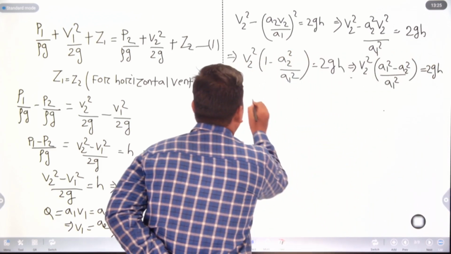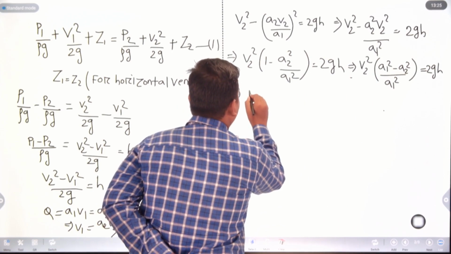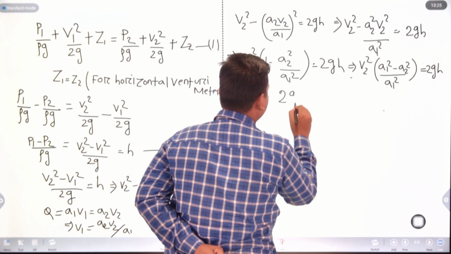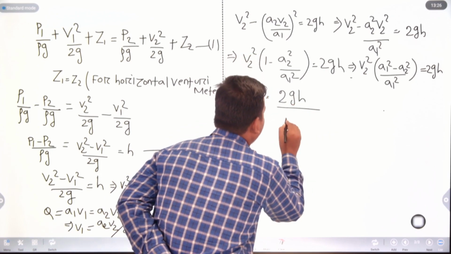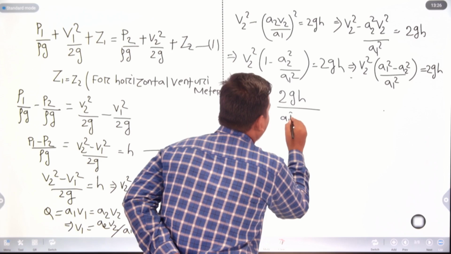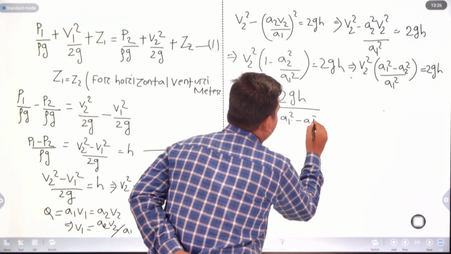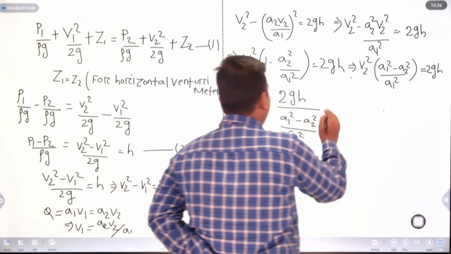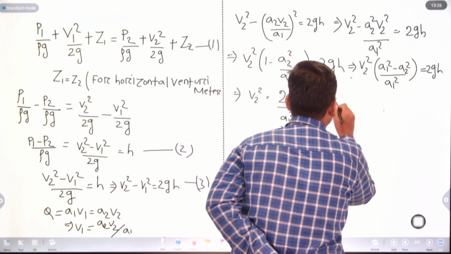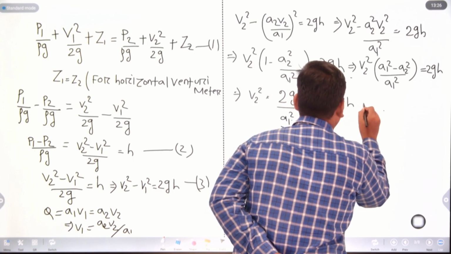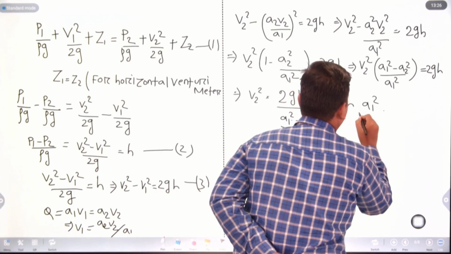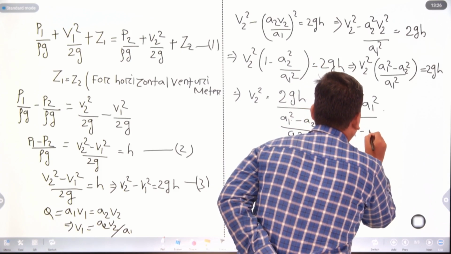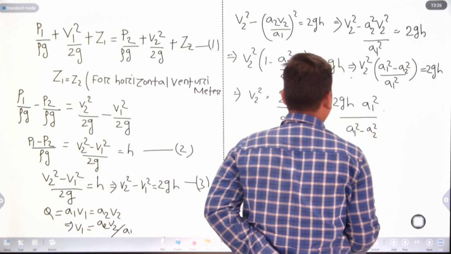Now V2 square is equal to 2gh divided by A1 square minus A2 square divided by A1 square. By simplifying this, 2gh A1 square divided by A1 square minus A2 square.